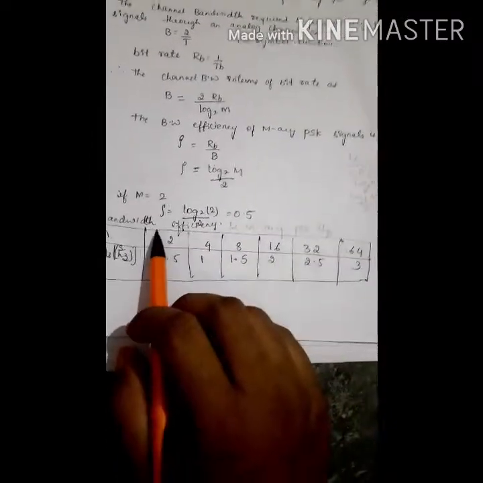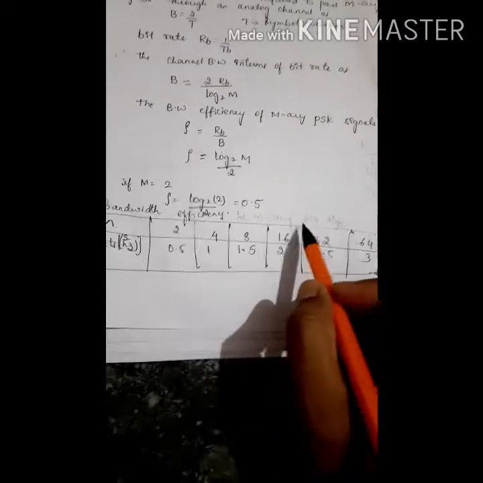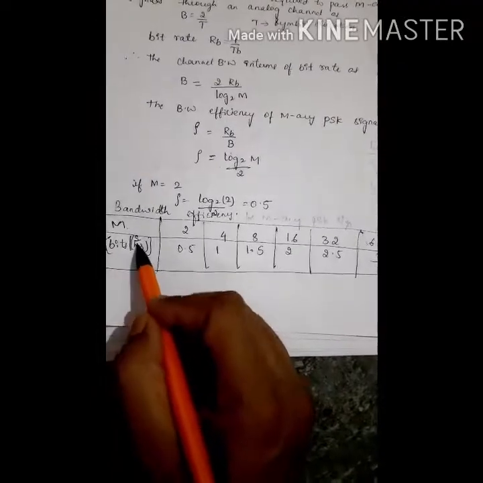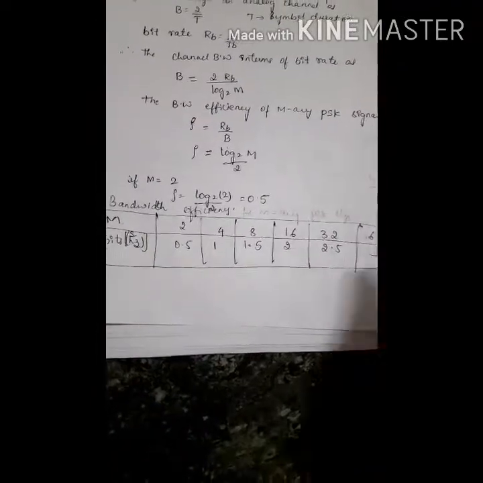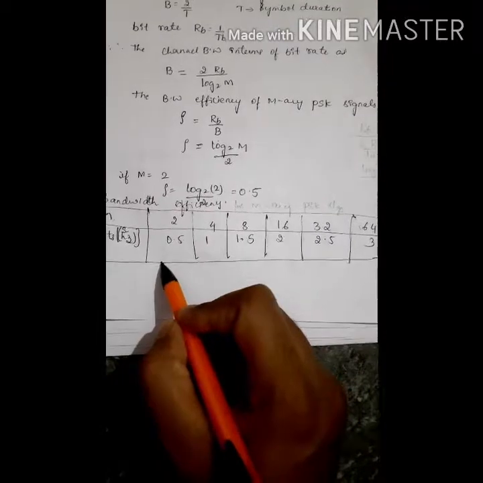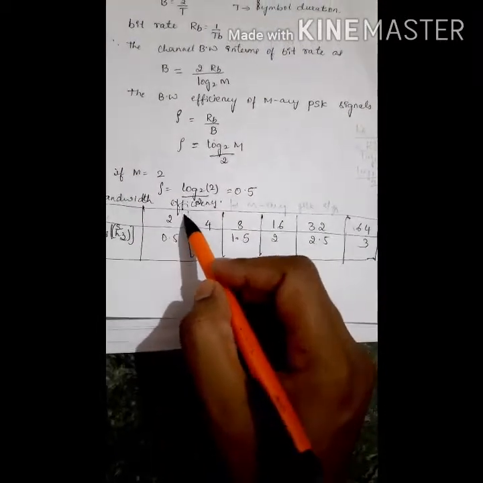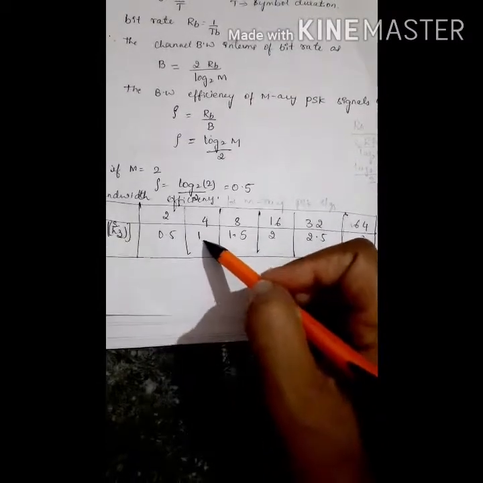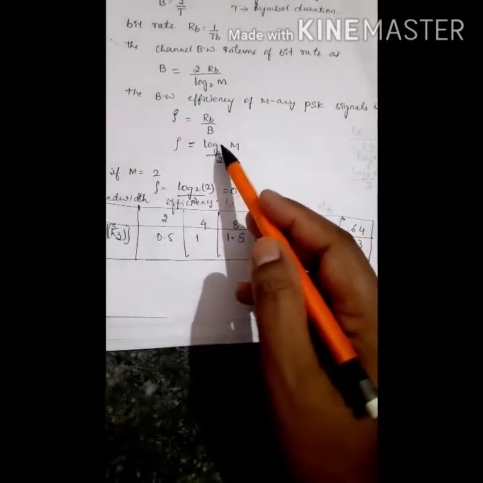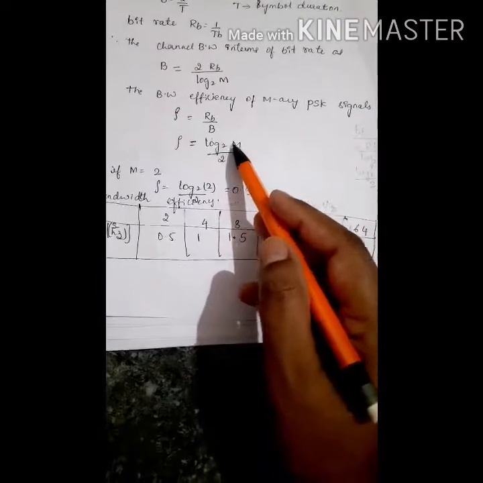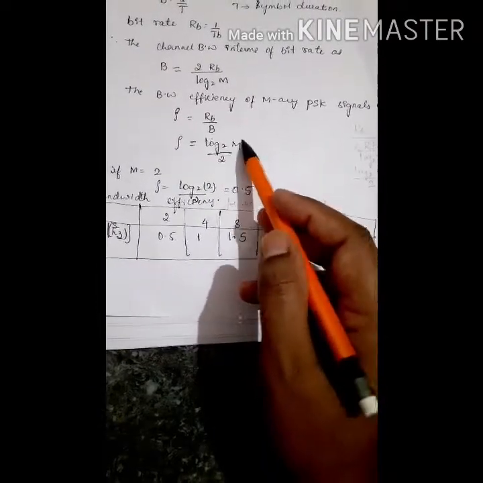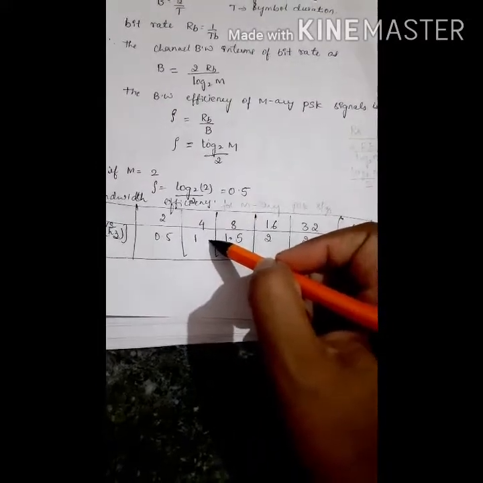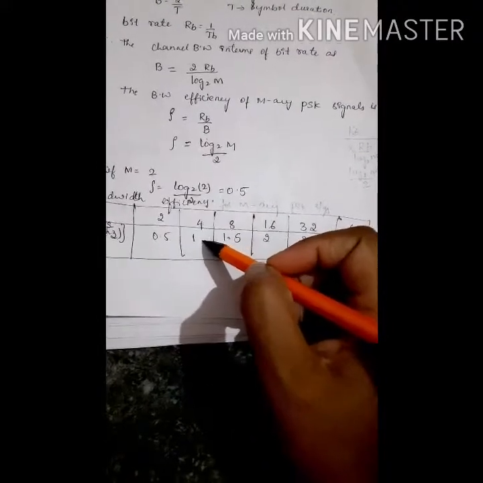And next is the bandwidth efficiency for MRI PSK signals, in bits per second per hertz. For m equals 2 we will get 0.5. For m equals 4 we will get 1. How? Because of log base 2 of m by 2; wherever m is there, we substitute the m value, m equals 4, and we will get a bit rate of 1.